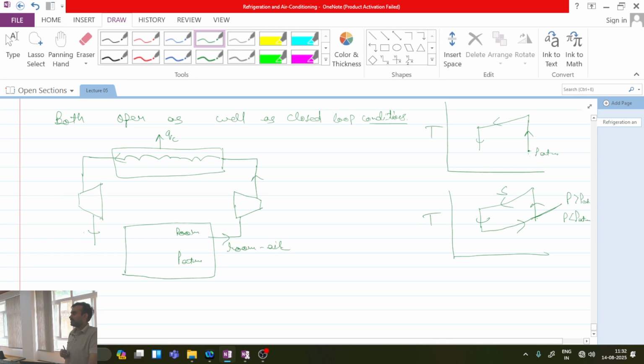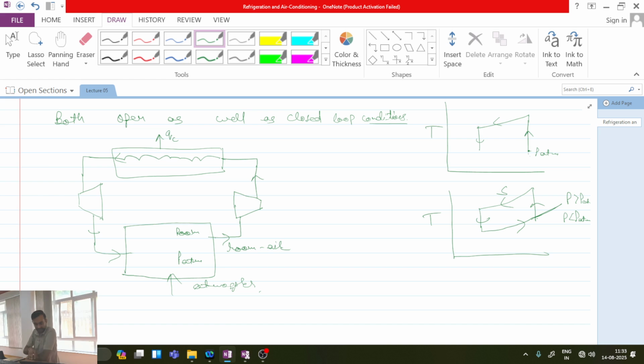The expansion in the turbine will decrease the temperature of this room air, and then you have one more duct through which you have again circulated the cooled air to the room. Okay, so this way, whenever you are operating an air refrigeration cycle, this is nothing but our atmosphere. So here we are not using any coil where the same mass of air is again circulated.